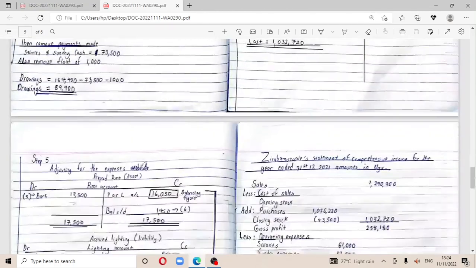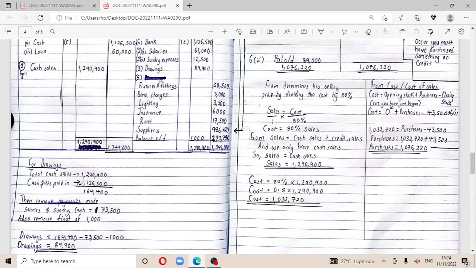So then you put the figure for cost, which you got here, then it is equal to purchases minus this. Then you make purchases stay here, then you make the 43,500 cross the equal sign, and it finds there this 1,032,720, and it becomes a positive.